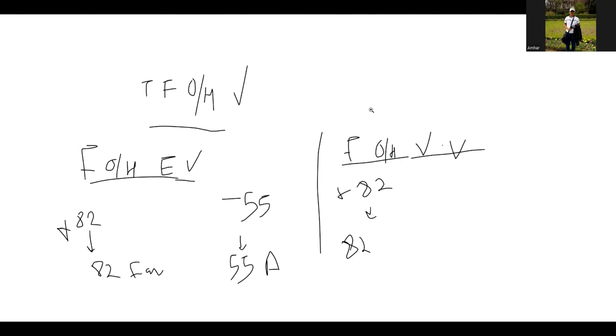Always remember, it's for volume variance. So only here, if the answer is plus 82, then you have to put 82 adverse. You can't put favorable. If you put favorable, your answer is wrong. Did you understand this?